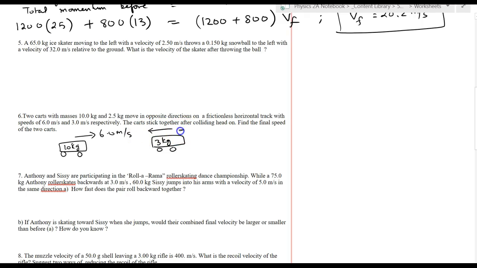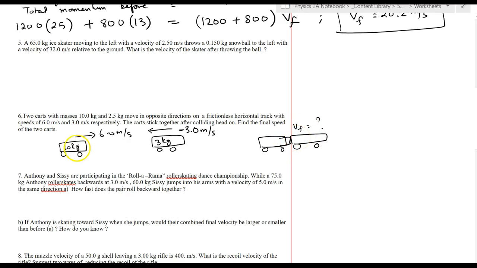So since it is to the left, I have to denote the velocity as -3. Again, the carts stick together after colliding. You will learn later that this type of collision where the two objects stick together is called a perfectly inelastic collision.